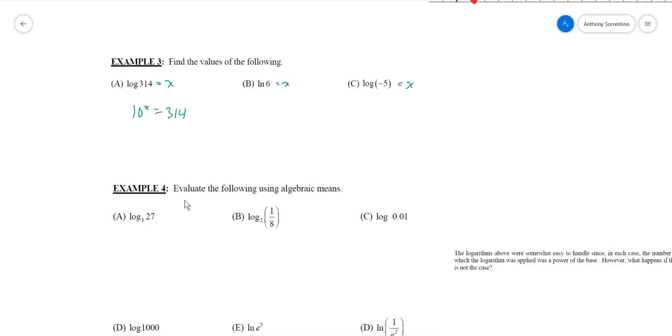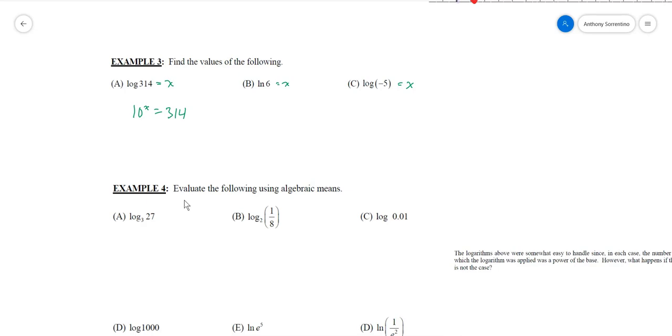Well, you're not going to know that off the top of your head, because 314 is not an integer power of 10. Your integer powers of 10 would be 10, 100, 1000. So I can tell you that x is between 2 and 3, but I want to get a better value of that, so that's time to put it into your calculator.